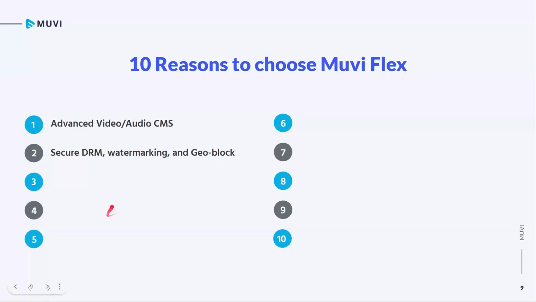DRM protections will ensure that your content is not pirated, it's not recorded by anyone, and it's not being reused unauthentically. DRM is the industry standard for piracy prevention and content protection. So these three are a must-have for your enterprise video management platform.